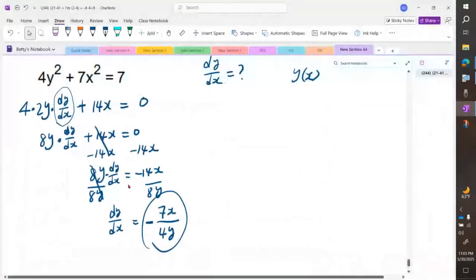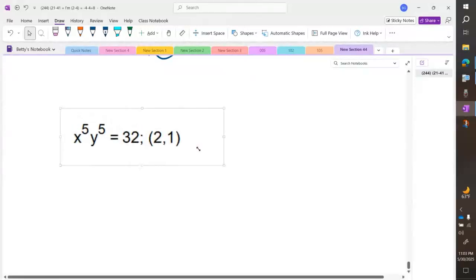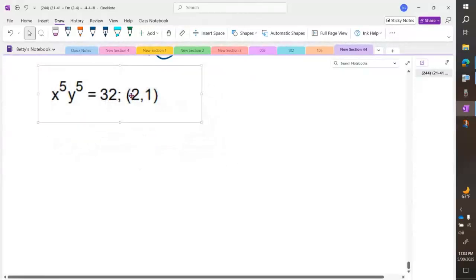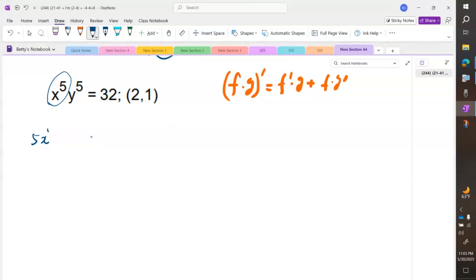Okay, so the answer, of course, after we plug in, we can have a constant. Same as earlier, but this time on the left side, we have a product. Do you guys remember the product rule? f prime g plus f g prime, right? So on the left side, we take the derivative of this, we get 5x to the power 4, right?